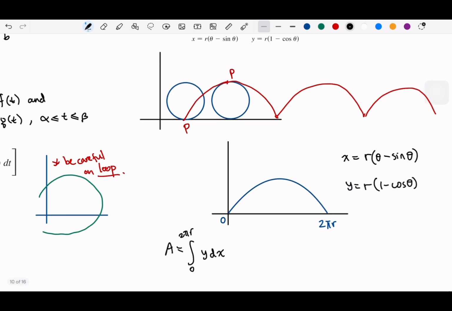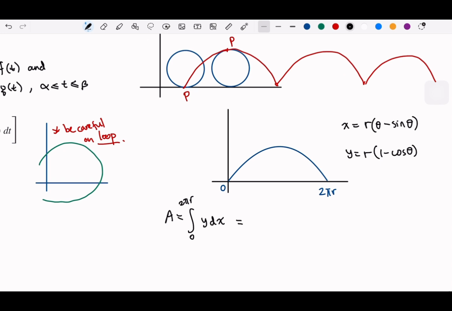Okay, let's change everything into parametric. So this will be the integration, and now we also change the endpoints to the parameter, which results in 0 to 2 pi, okay? And y is r times 1 minus cosine theta.